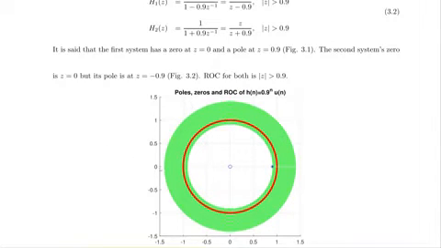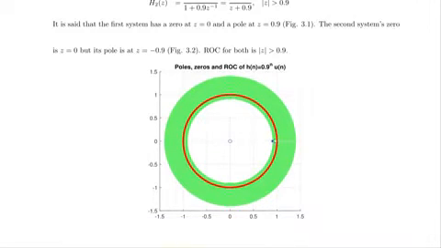Of course, it extends beyond the figure up to infinity. What about the red one? The red circle shows the unit circle, where r is equal to 1. We said it earlier.